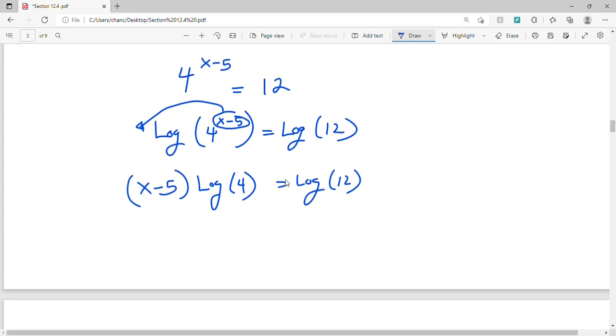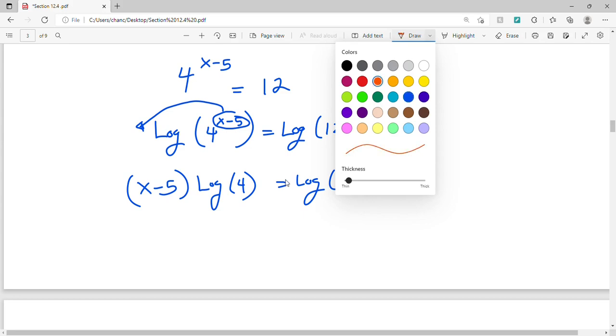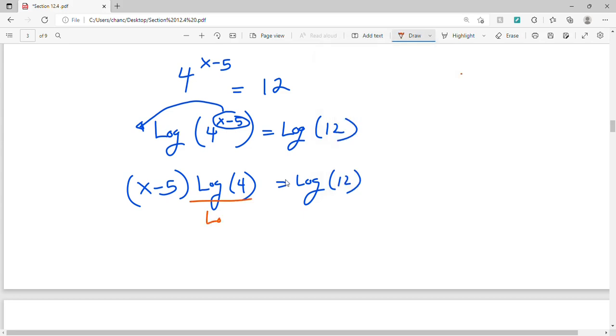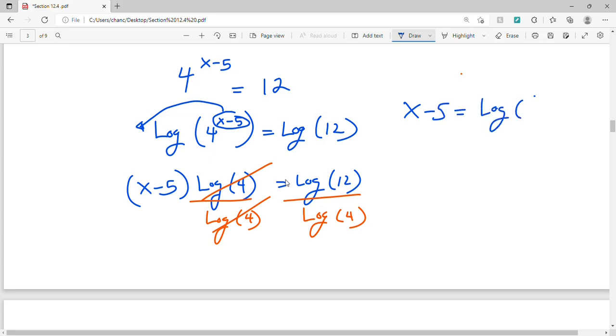I can solve for x by dividing both sides by log 4. I'm extra careful with my parentheses because that's how the calculator is going to input our result. And so we have now x minus 5 is equal to log of 12 divided by log of 4.